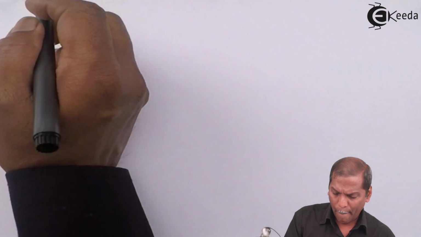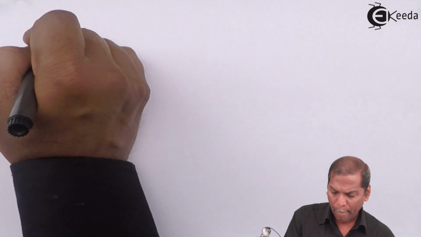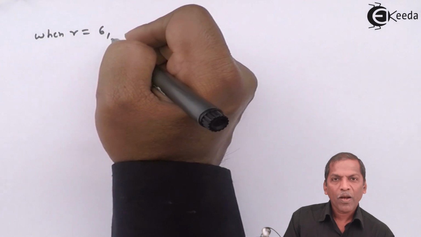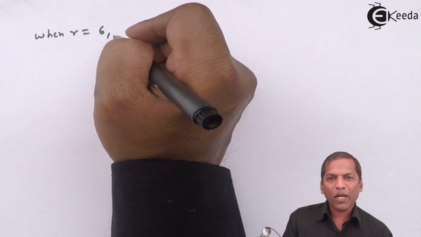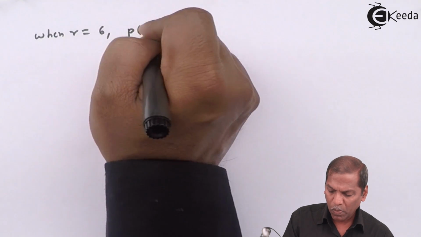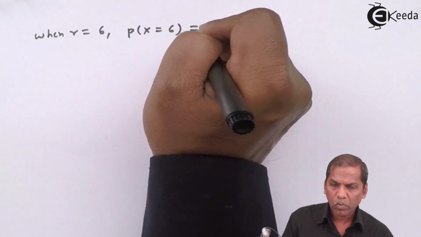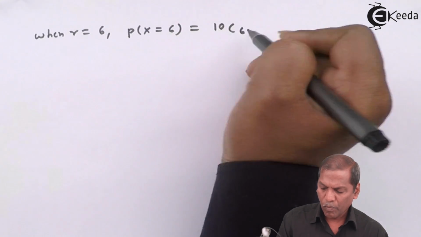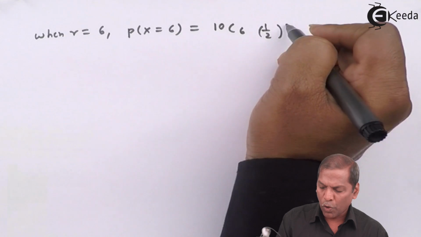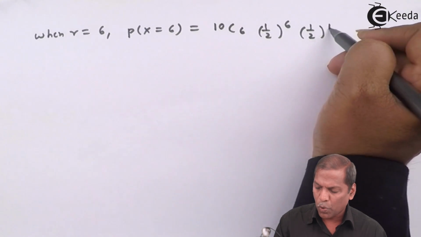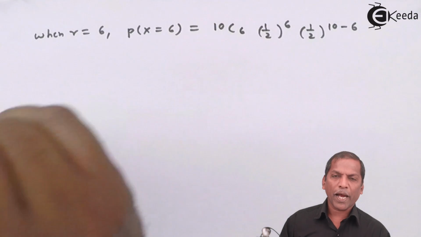Next, when r is equal to 6, probability x equal to 6 is equal to 10c6 into 1 upon 2 raised 6 into 1 upon 2 raised 10 minus 6.